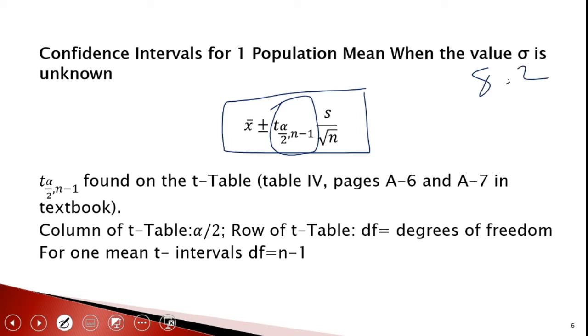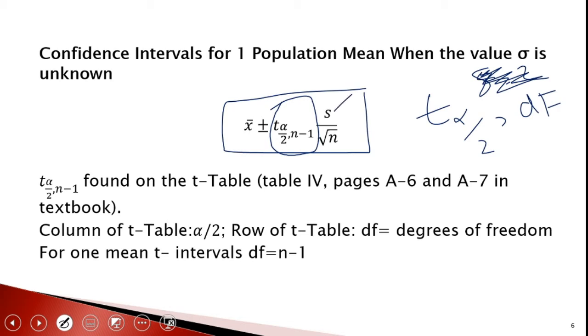We use a very similar one, but here instead of C we have to use t, that is t alpha over 2, but in this case the t table works with degrees of freedom. This is your degrees of freedom. So you cannot find any value by just using alpha over 2. You have to use degrees of freedom as well. I'll show you how to use that. So right now just focus on this formula.